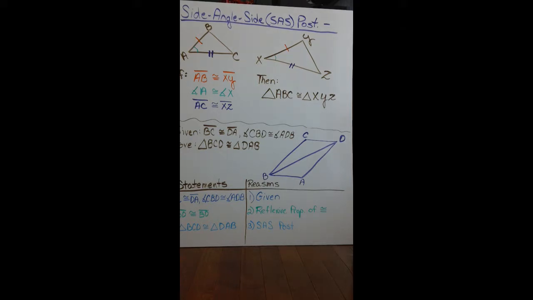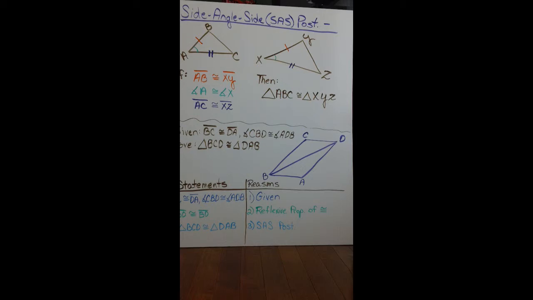The included angle, angle A and angle X, these included angles are the angles that form the two congruent sides. If you look at the picture, you could say that they're in between the two congruent sides. The included angles are between the two congruent sides.